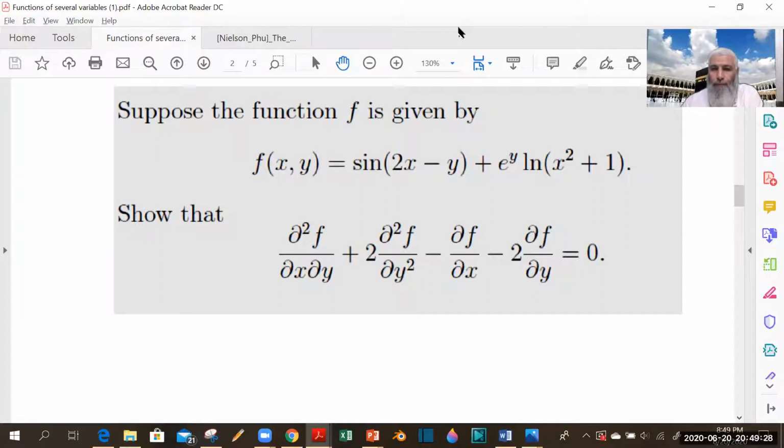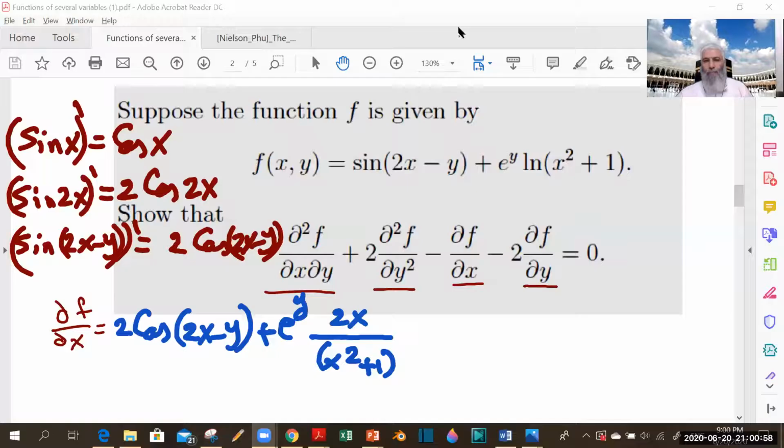And the derivative of ln is 1 over this bracket, multiplied by the derivative of the inner part of the bracket.